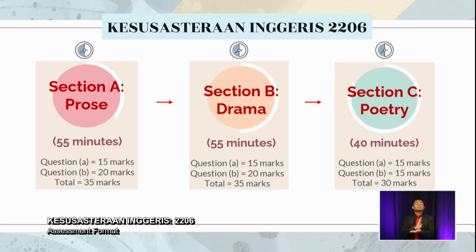We know that the first 4 questions overall will eat up your 70 marks. So please take your time, perhaps 50 to 55 minutes for section A. That's under an hour, as you can see, followed by drama, again 50 to 55 minutes. So that's already about 105 to 110 minutes.